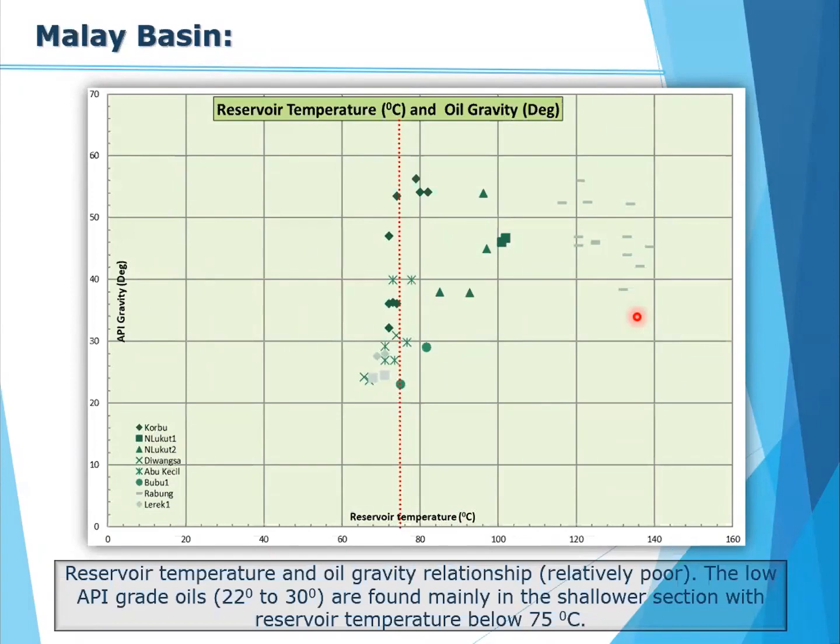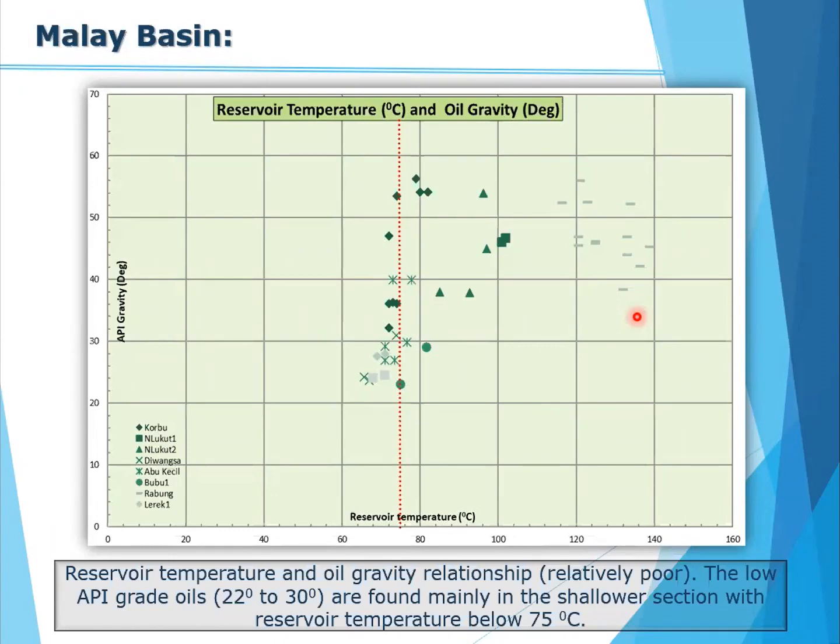Another important relationship is between reservoir temperature and oil gravity. In that particular area, but actually in most basins, the threshold is around 80 centigrade, and it can vary a little bit.